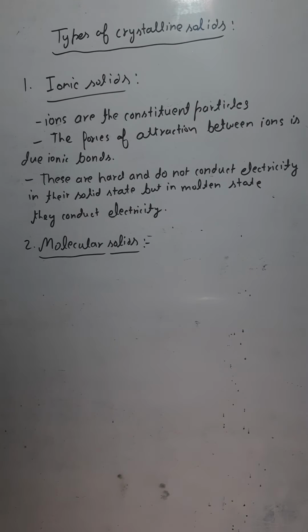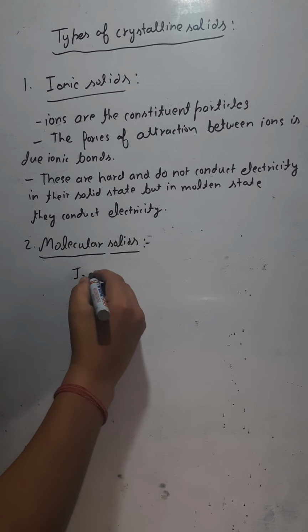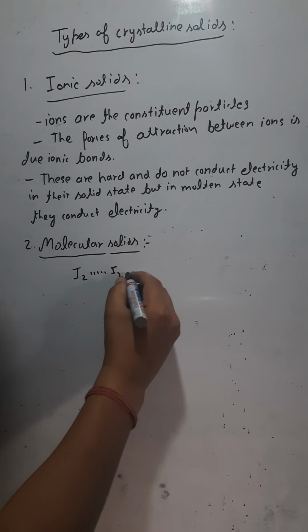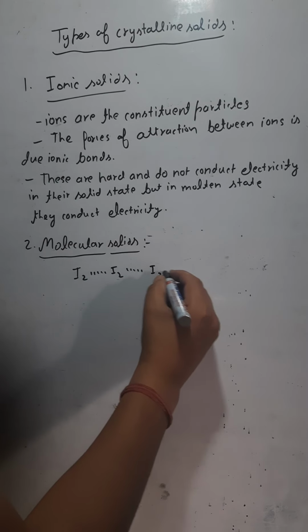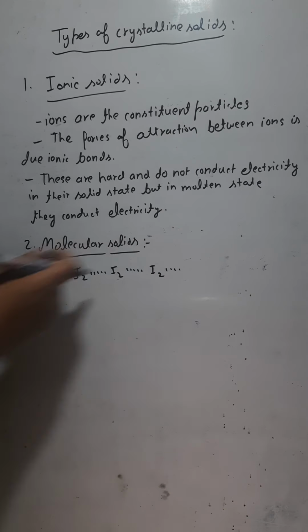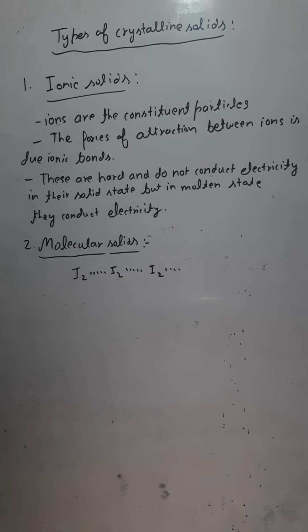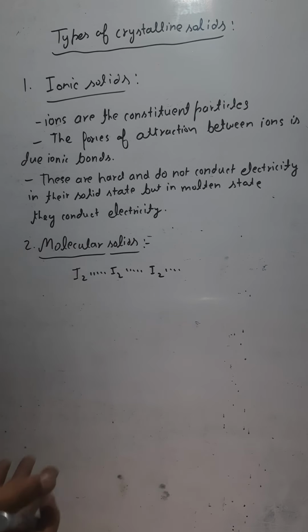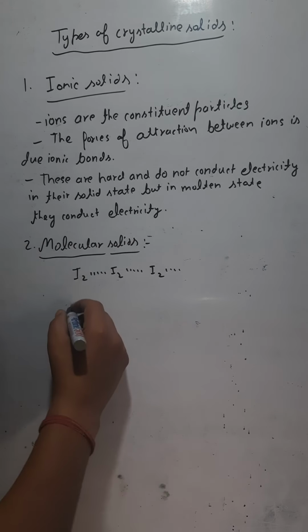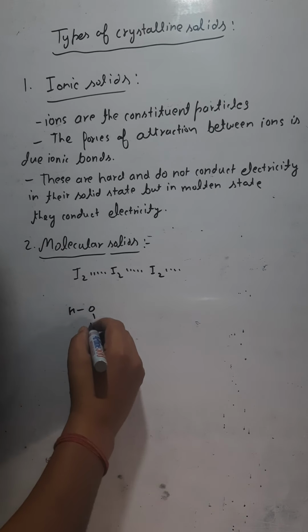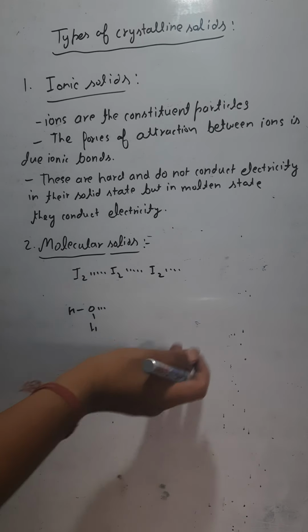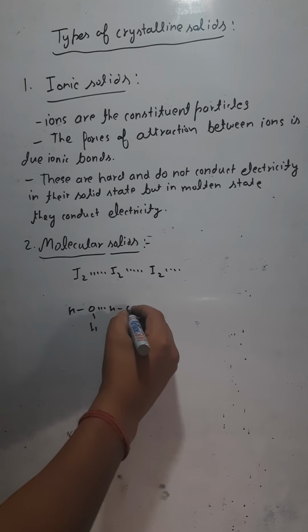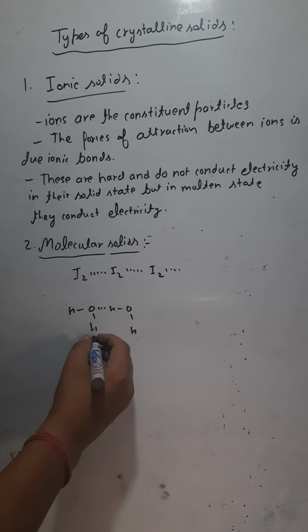Like different iodine molecules are joining together by weak van der Waals forces, like this. So they are joining together to make the iodine solid. Are you getting this? Similarly, the molecules of water are joining together again by the weak van der Waals forces.